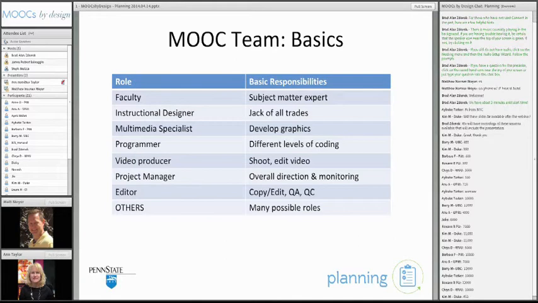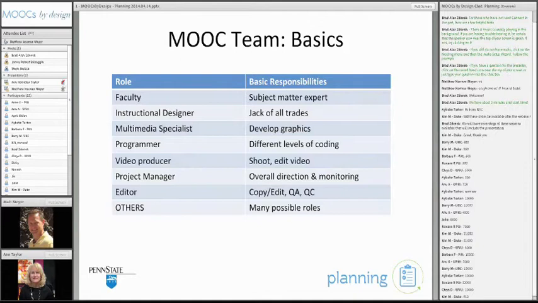Then, the other support area I talk about is the multimedia specialist. We want to talk about someone who develops graphics, someone who can go in and create the type of visuals that you may end up needing to support the learning, or some other areas. And there are other areas of expertise that a multimedia specialist will bring to the table. Programmer, so different levels of coding.